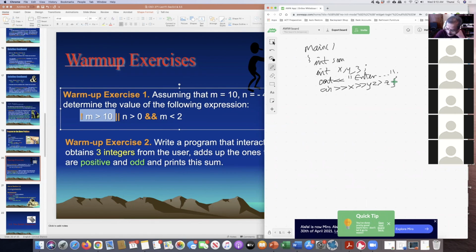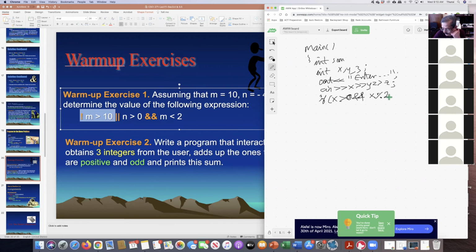Now I need to add up only the odd positive integers. So I start with the first one. If x is positive and x must be odd. How do I check that? You check the modulus of 2 and it has to be equal to 1. Right, x modulus 2 should not be 0.